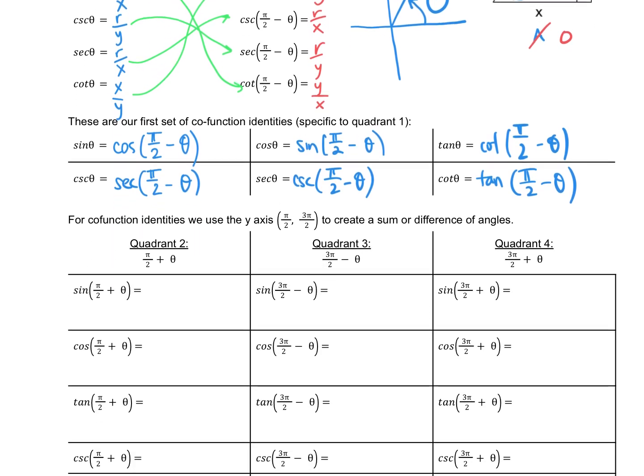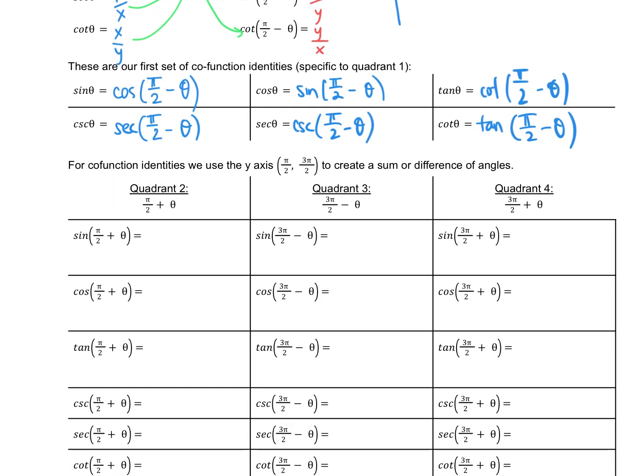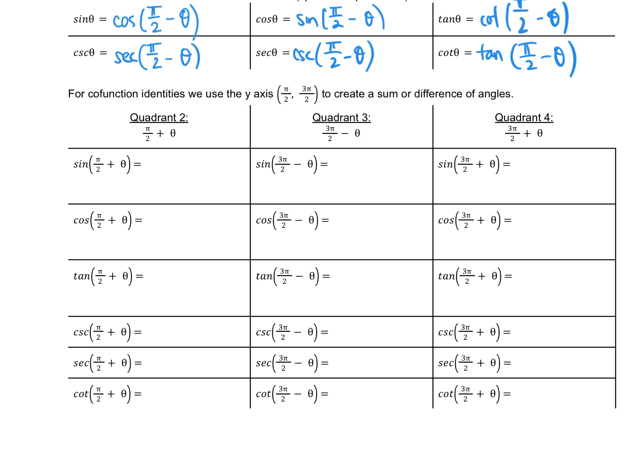So now let's look at quadrant 2. Let's start off with a diagram for quadrant 2. If my terminal arm is in quadrant 2, this entire angle here is theta, and x is going to be the angle glued to the y-axis.